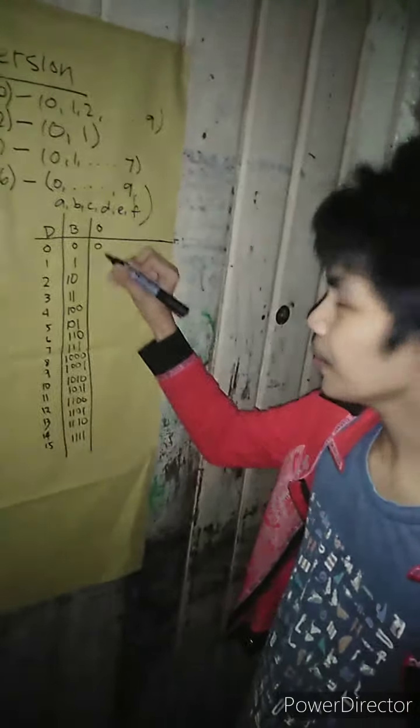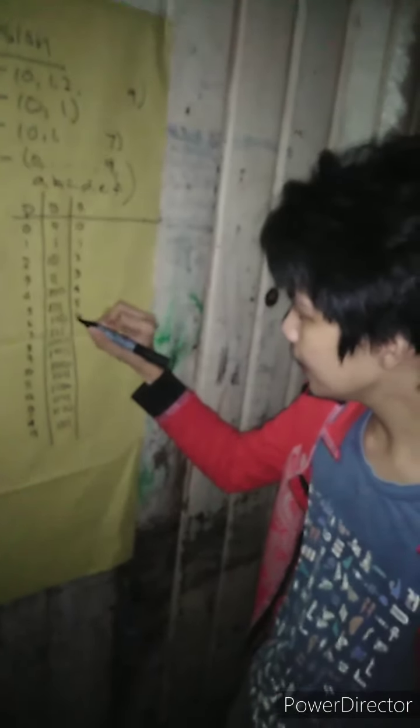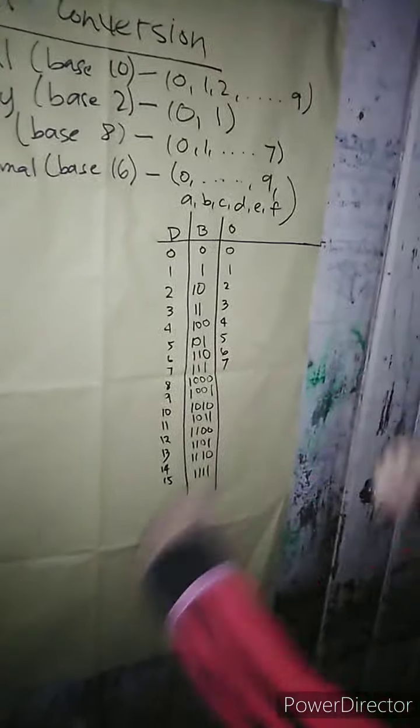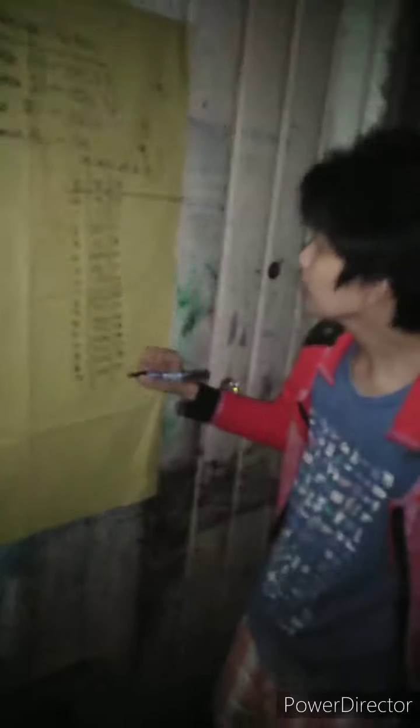For the octal, we have this 0, 1, 2, 3, 4, 5, 6, hanggang 7, and next to 7 is hindi 8. Kumbaga, lulukso ka to 10. 10, 11, 12, 13, 14, 17.